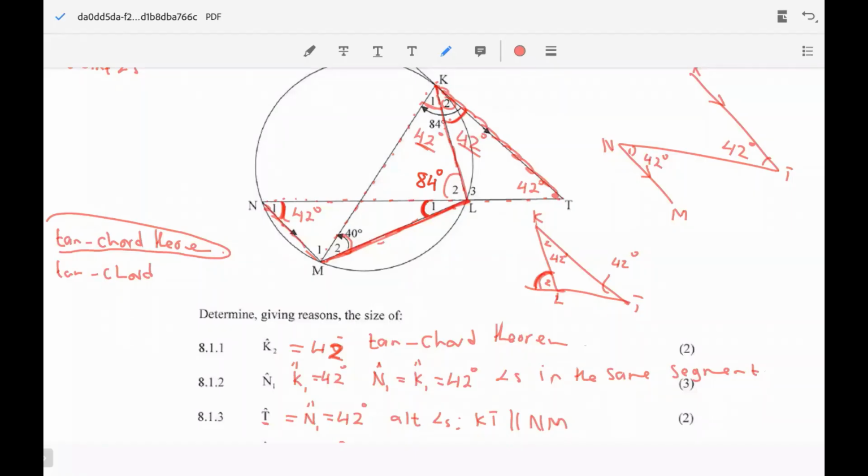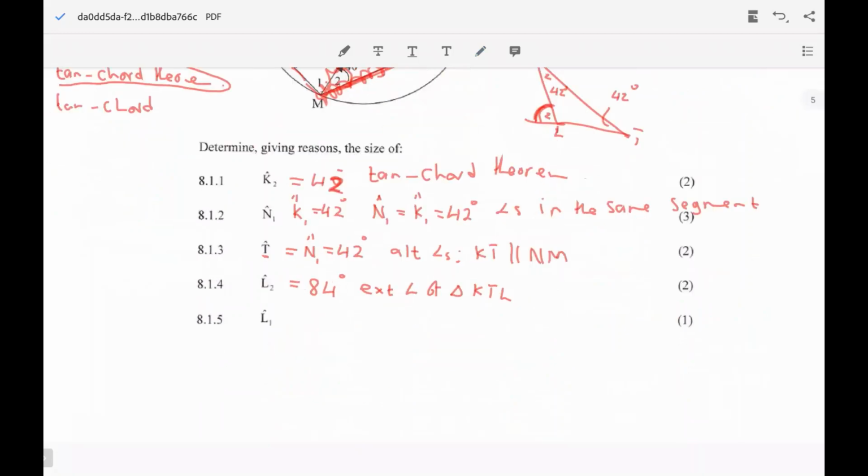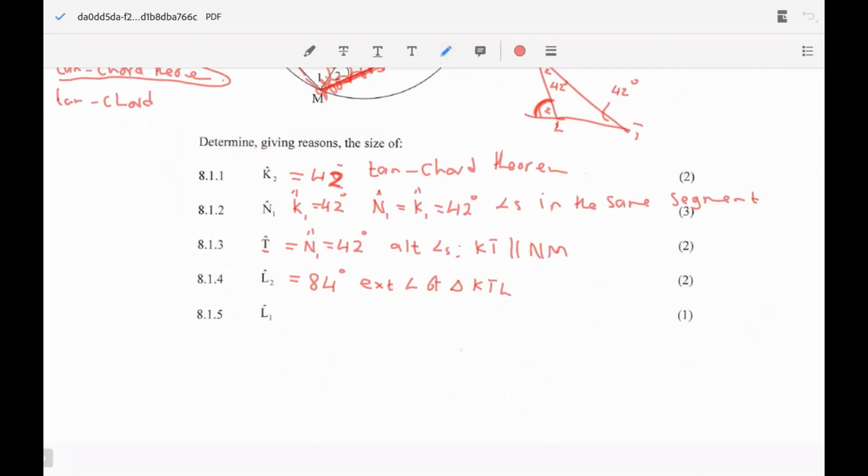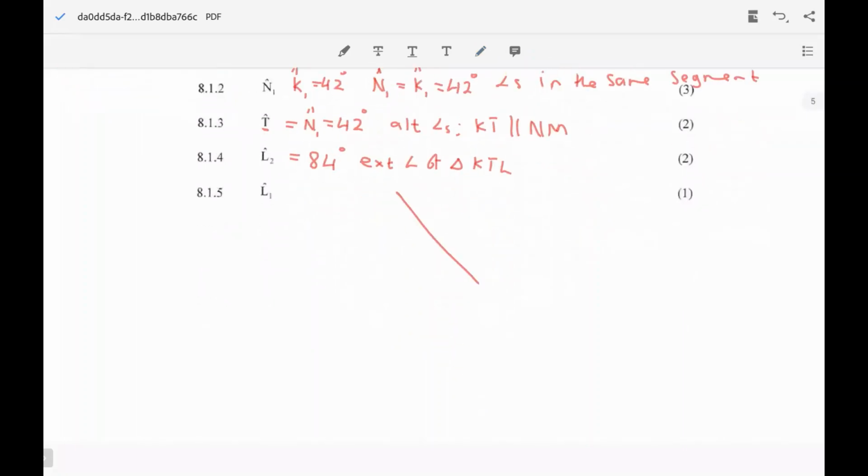Okay, so we need L1. Now we need to analyze. Where is L1? L1 is in our triangle KML. Hope you can see the triangle there. I'll try to sketch it down here separately so that we can use it extensively.